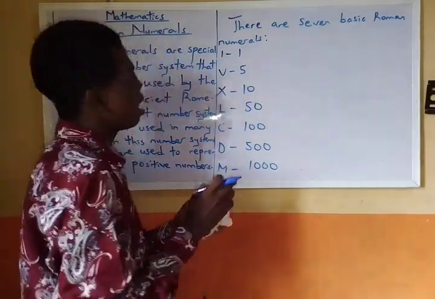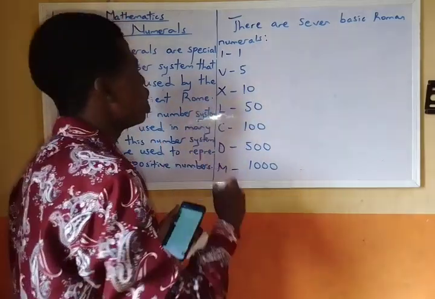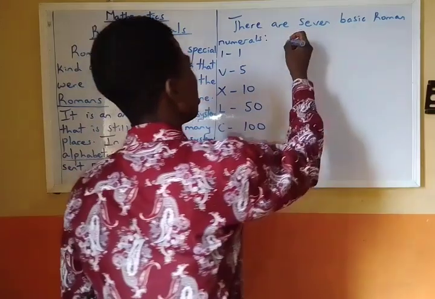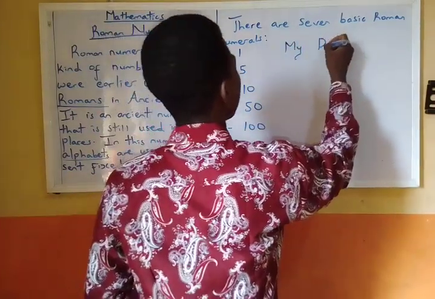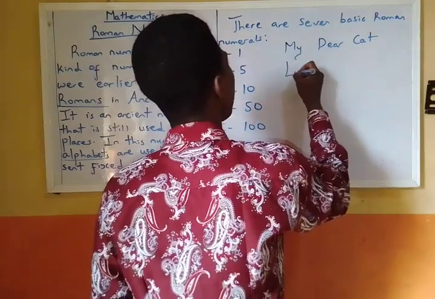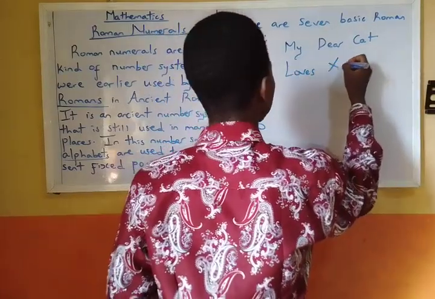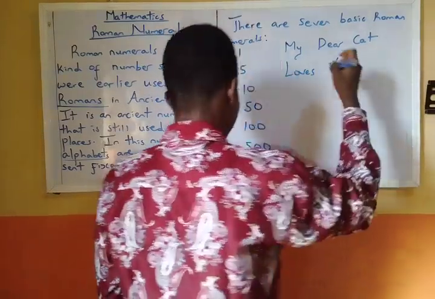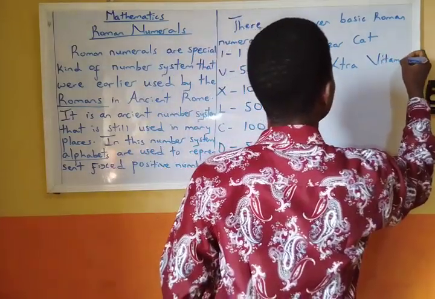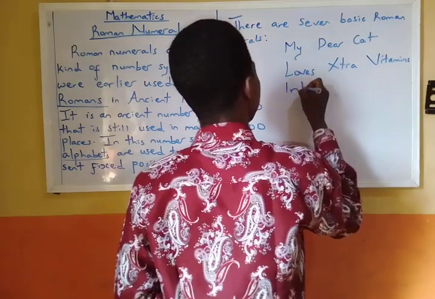Now there is an easy way to remember Roman numerals. What's that? The easy way is: my dear cat loves extra vitamins intensely.